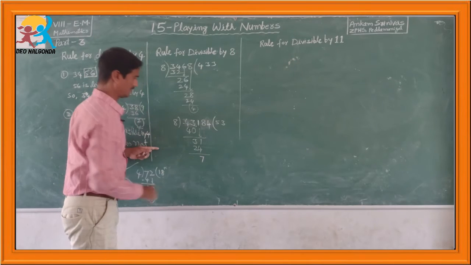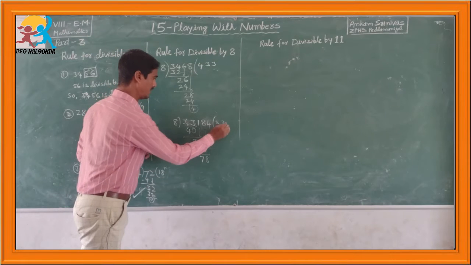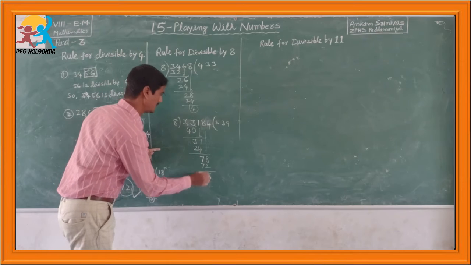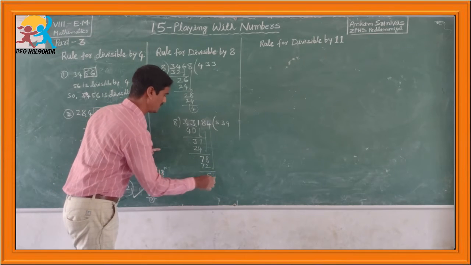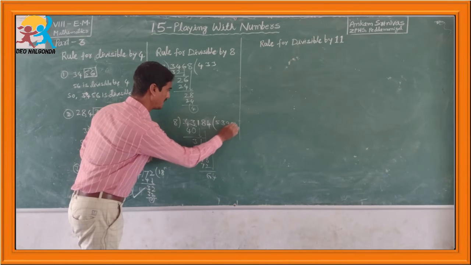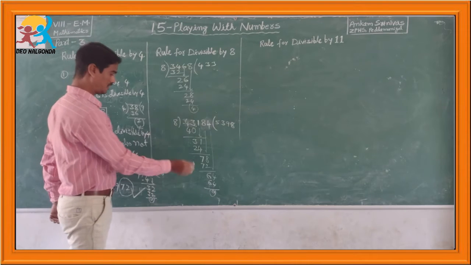We will get the 7. Take the 8 and 8 9s are 72. 6 4, 8 8s are 64. So what's the remainder? 0.